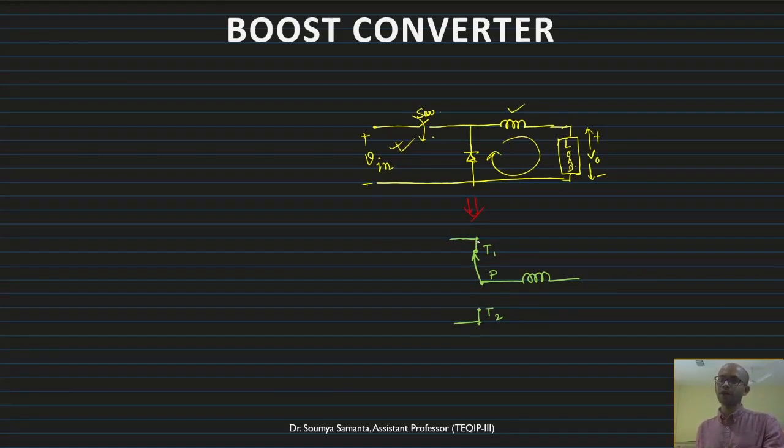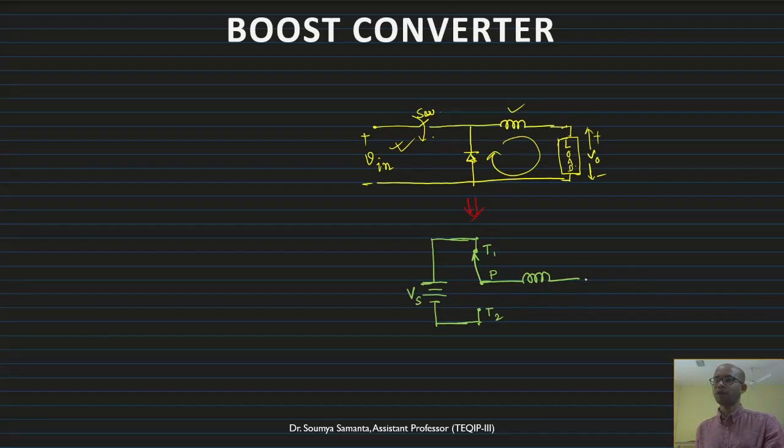But P will be connected to either T1 or T2, so it will always be connected in the circuit. So the inductor will be connected to the pole P, and here I connect the input or source voltage, which I denote as Vs.